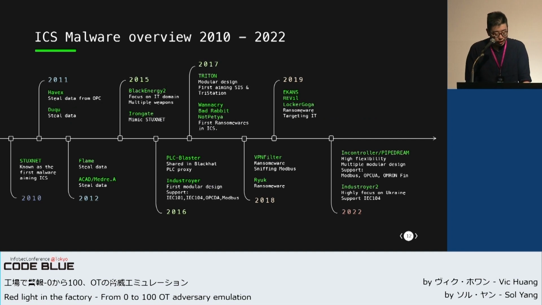First, this is the overview of the ICS malware from 2010 to 2022. It starts from the famous one, Stuxnet, to the PLC Blaster, which was shared in Black Hat US 2016, focused on PLC proxy attack. And then the latest malware like Pipedream and Industroyer2.